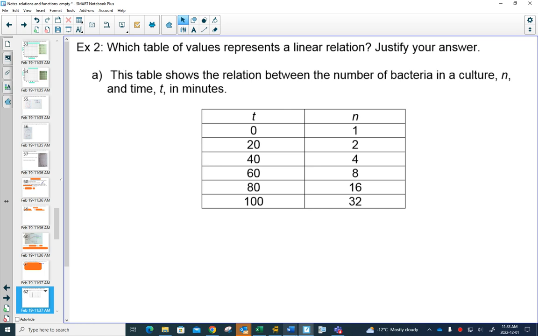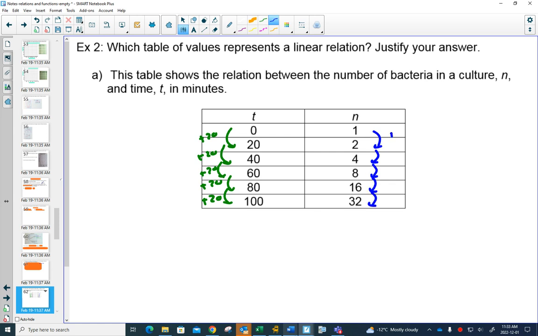The easiest way, though, to see if something is a straight line is to check every time your independent variable increases, does your dependent variable increase by the same amount? Every time we're going here, it's going up by 20, up by 20, up by 20, up by 20, up by 20. If your dependent variable also increases by the same amount every time, it'll make a line.